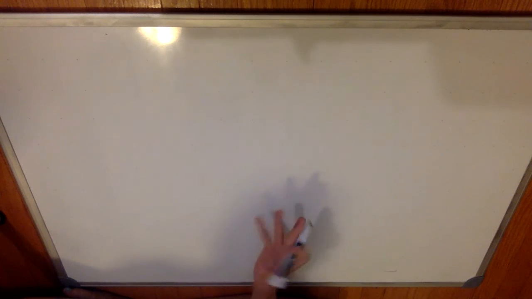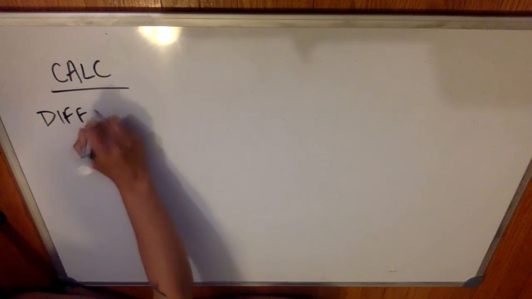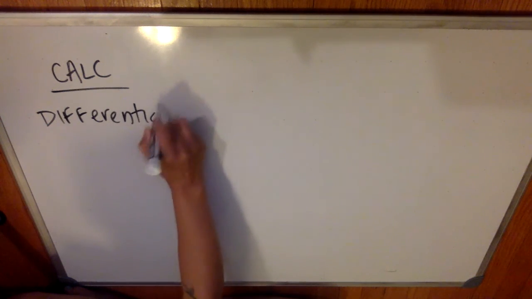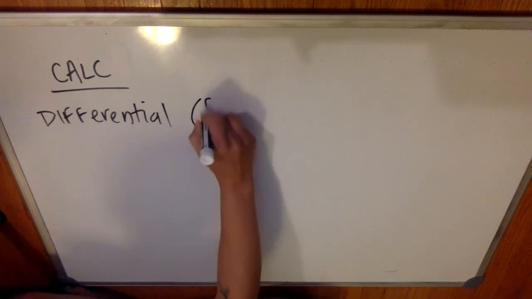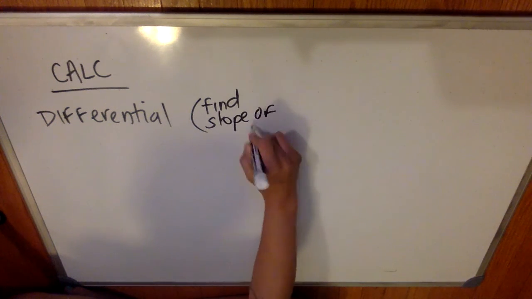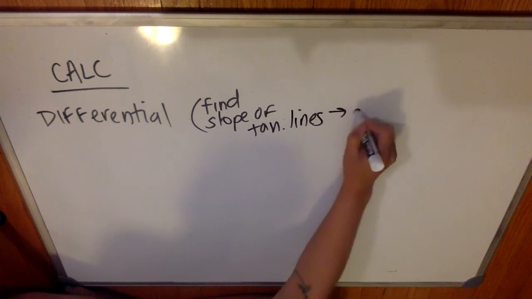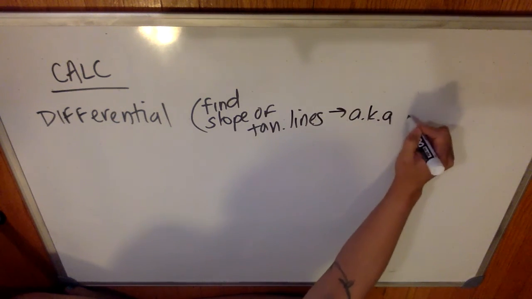In the second half of this course, usually sometime around winter vacation, we're going to talk about integral calculus, which is finding the area under curves. So essentially, calculus breaks down into 2 big categories. Differential calculus, where we find the slope of tangent lines, which is called a derivative.